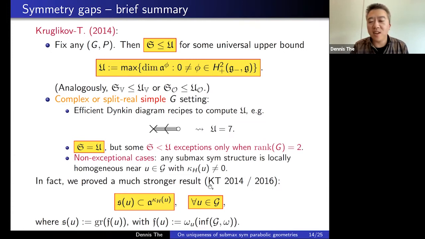We did this on an open dense set using a Frobenius type argument in this first paper. But when we studied jet determination, we needed to be able to assert some nice things about symmetries. We needed this result everywhere, and in fact we were able to push that through.